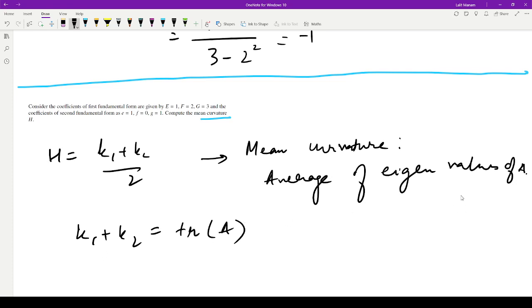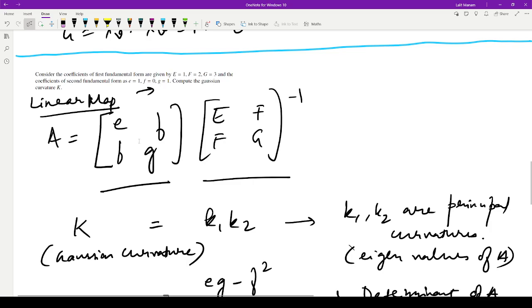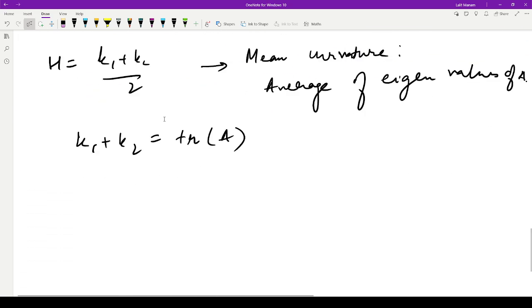So K1 plus K2, since they are eigenvalues of A, the sum of all the eigenvalues is determined by the trace of that matrix. So instead of explicitly computing K1 and K2, if you just know the elements of this matrix, you can write the A properly, get the diagonal elements, and then sum them.